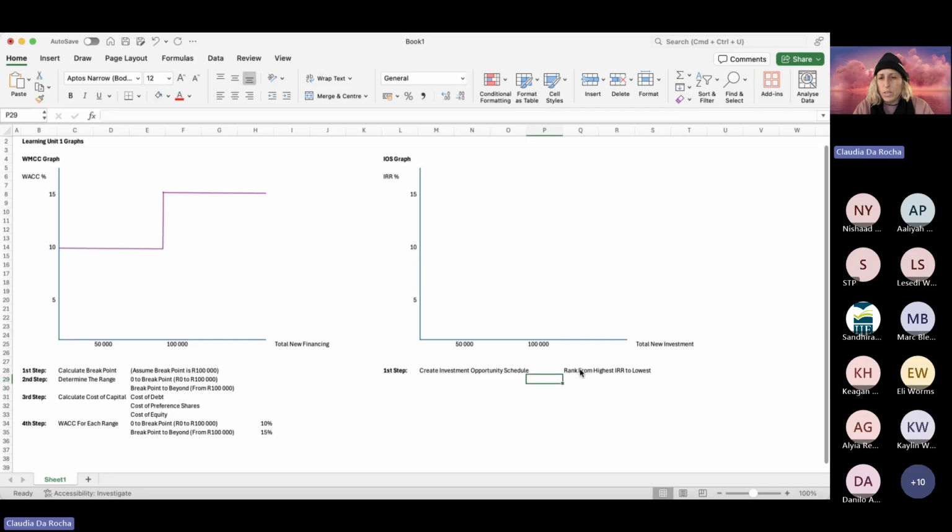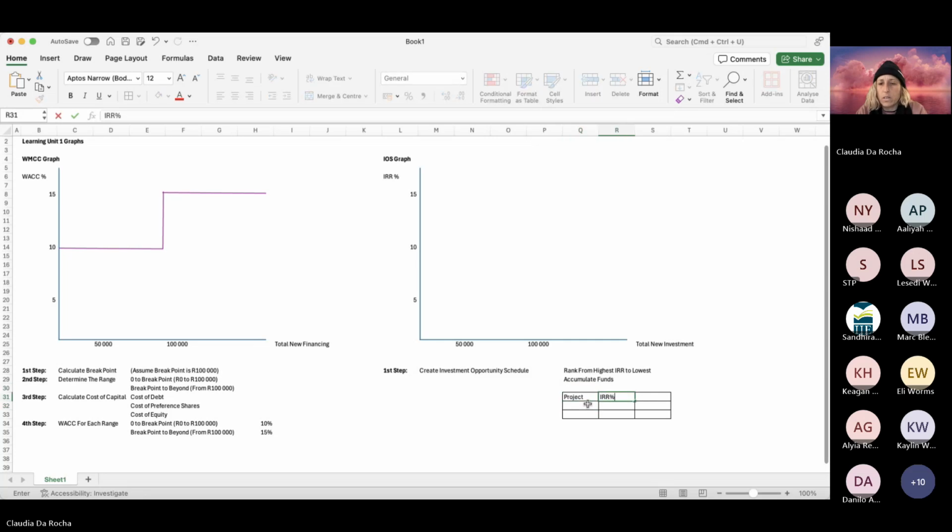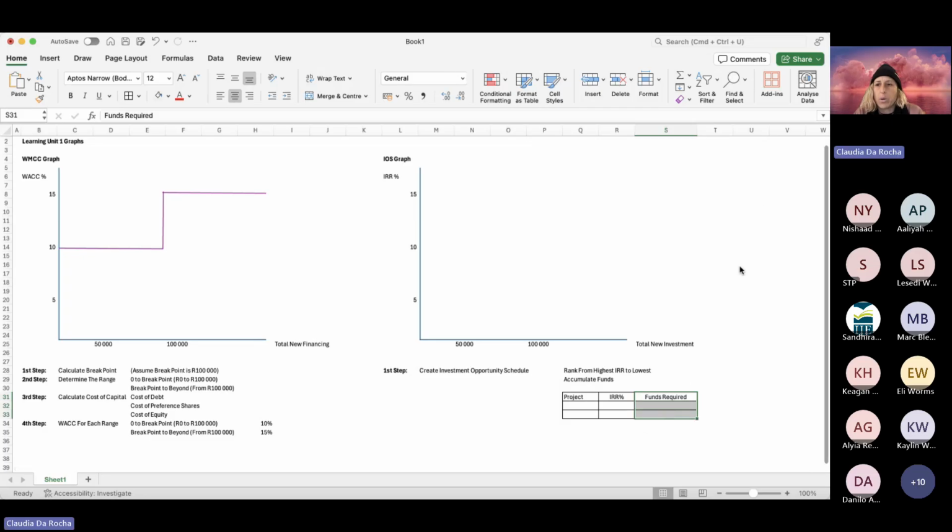So if I had to create one, as if I had to actually create one, so let's say we have projects, we have our funds required. We have our cumulative funds.